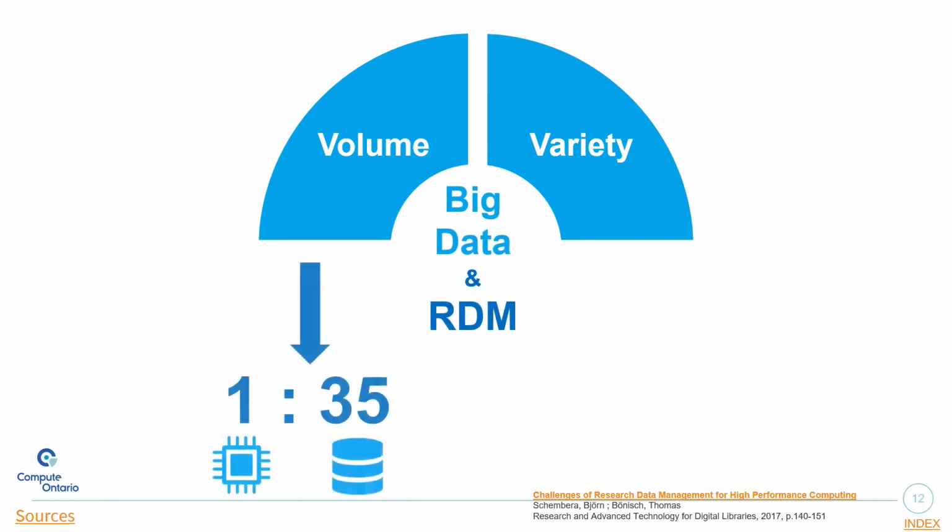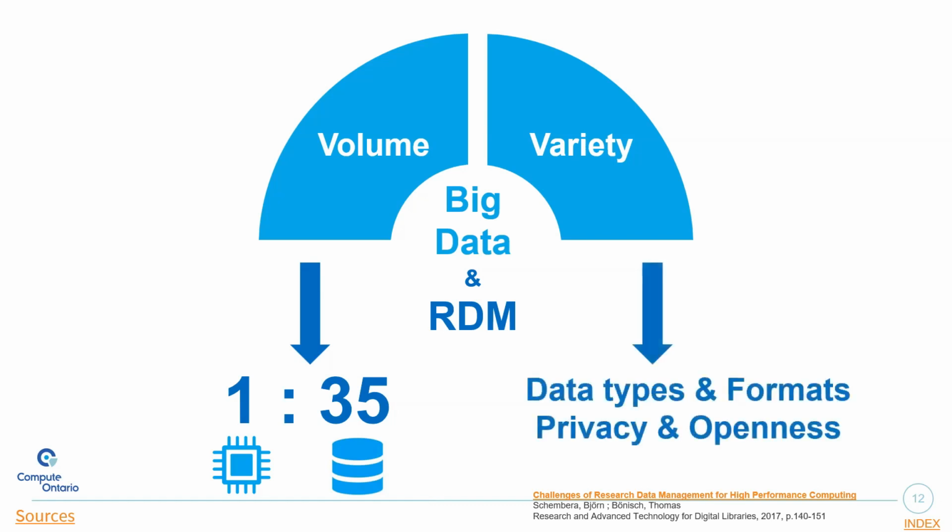The authors note that in the field of HPC, data storage needs outpace growth in computing power, with this article estimating that for each additional unit of main memory on a given computer system, 35 units of data are generated, data in need of storage and management. In time, this growth is expected to become exponential. Additionally, this article notes that the impact of variety in data types and formats and the need to address data privacy and openness as major issues for HPC.